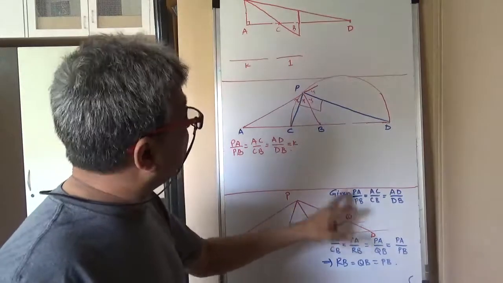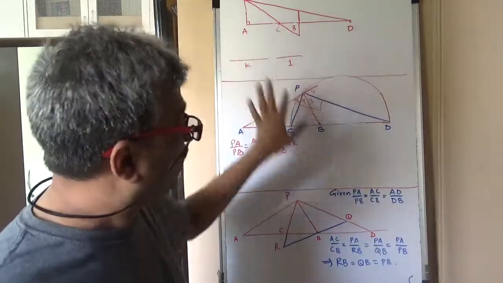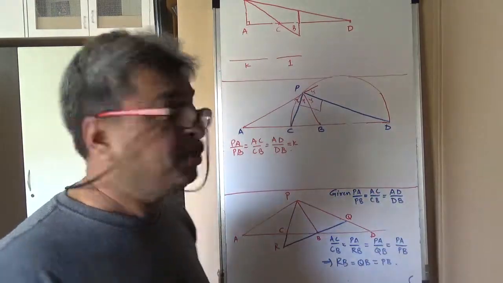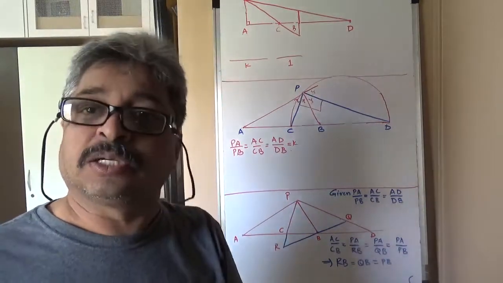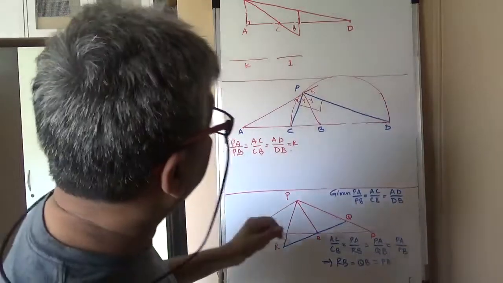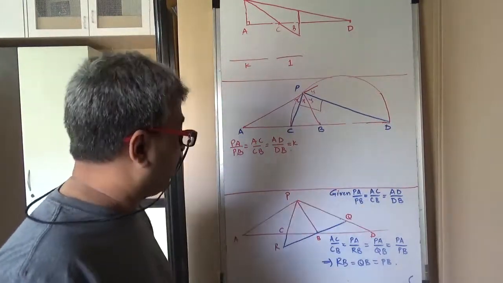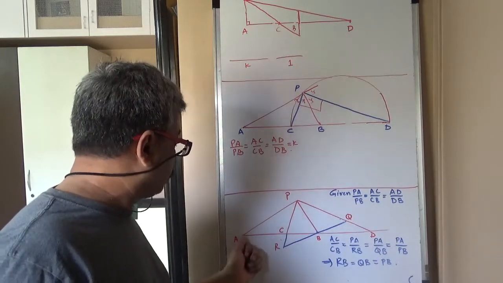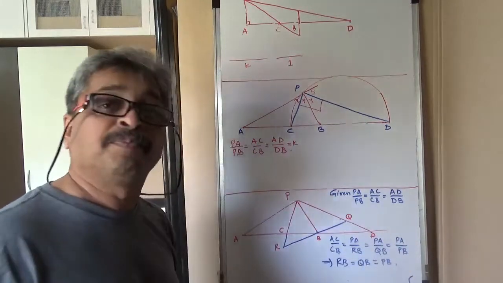So in this case the point is randomly chosen in space such that PA upon PB equals AC upon CB equals AD upon DB, and we are supposed to prove that the point is on the circle. So the converse is a little difficult. It is given that PA upon PB is equal to K, which is also equal to AC upon CB, which is also equal to AD upon DB.